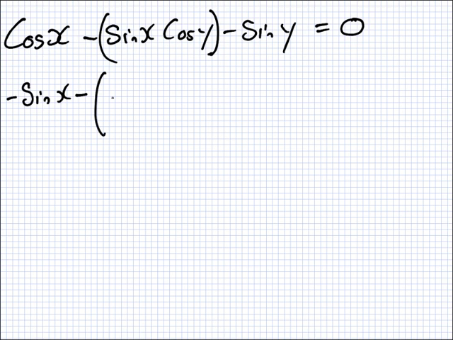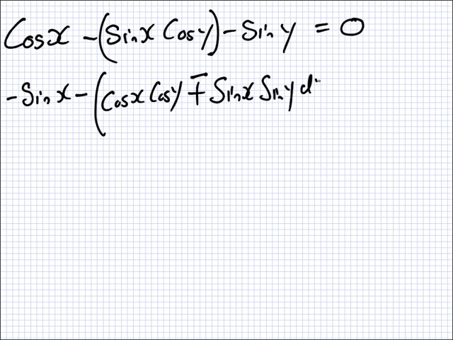So, derivative of sine? Cos x. Cos x cos y. Plus. And then derivative of cos y? Minus sin y dy dx. And then derivative of sin y? Minus cos y dy dx. And that's to equal 0.